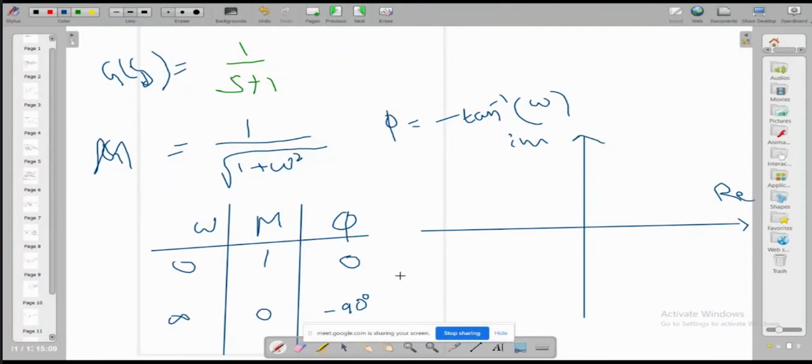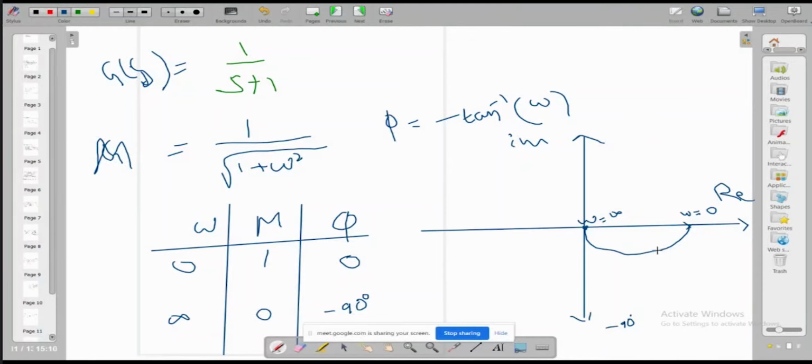Magnitude 1 with phase 0 at omega equals 0 lies on the real axis, and magnitude 0 with phase minus 90 at omega equals infinity.